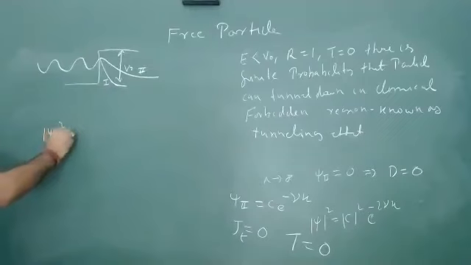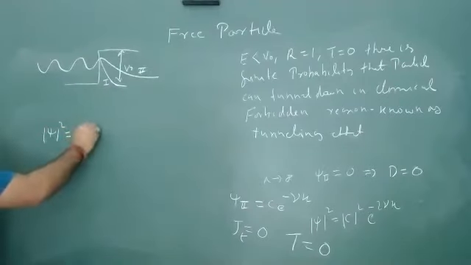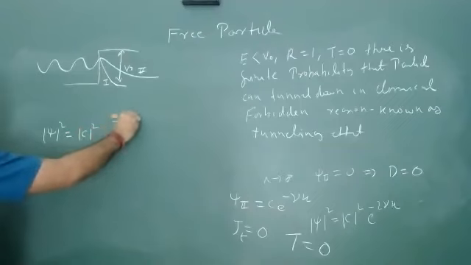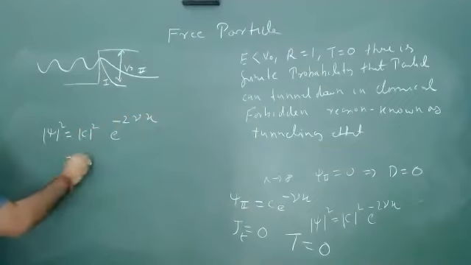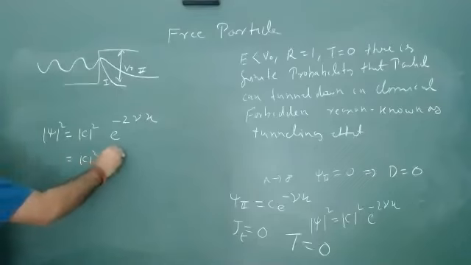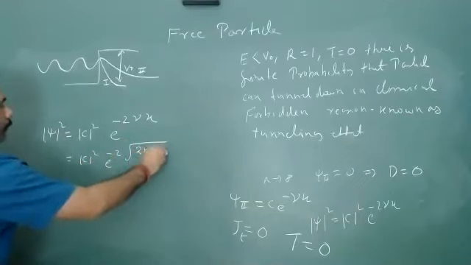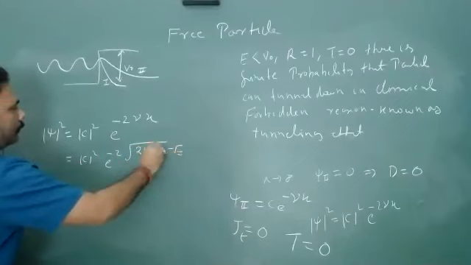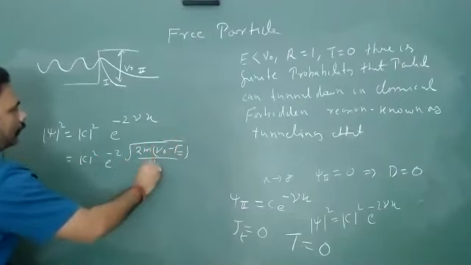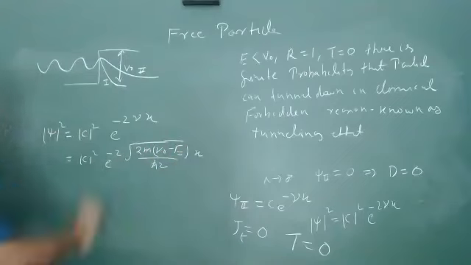You can just write this, mod psi square, is mod C square e to the power 2 gamma x, and this is mod C square e to the power minus 2 times the square root of 2m V naught minus E upon h cut square, times x.